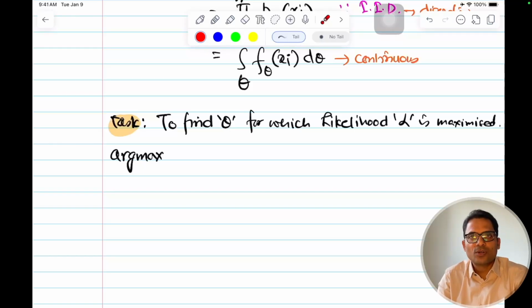So we differentiate it and equate it to 0 to find the point where it will be maxima or minima. In our case we want to maximize, so the first derivative will give me the value where this will be a maxima.